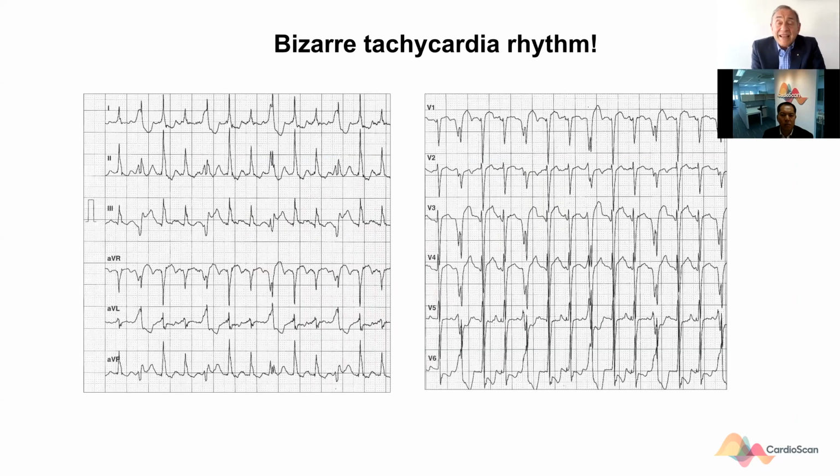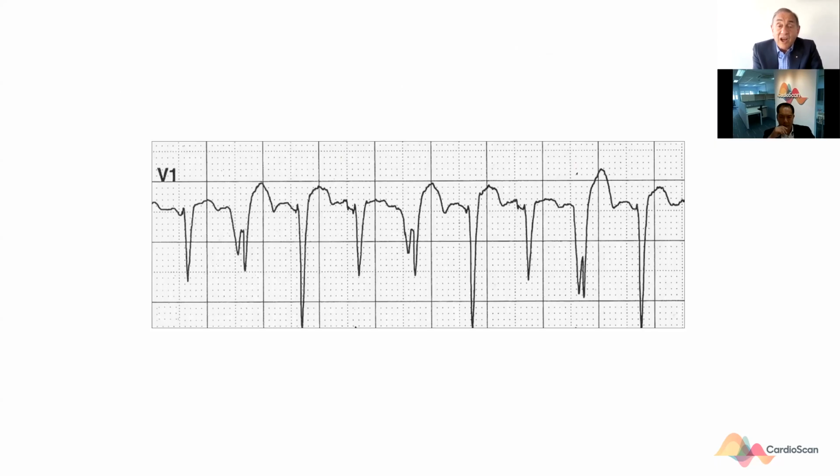This is a bizarre tachycardia rhythm. It's actually a Wenckebach. And it's not in the AV node, but rather in the distal conducting system. So let me show you why. Let's have a look at V1 and we'll highlight that.